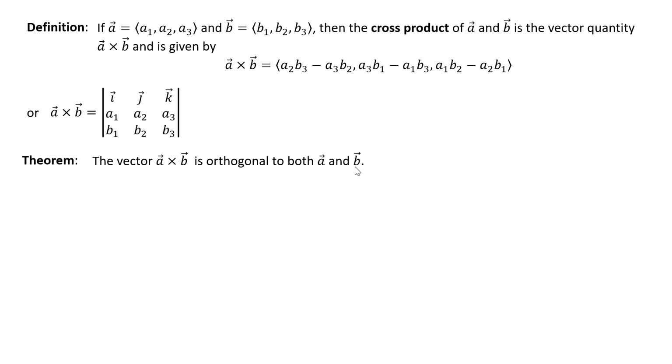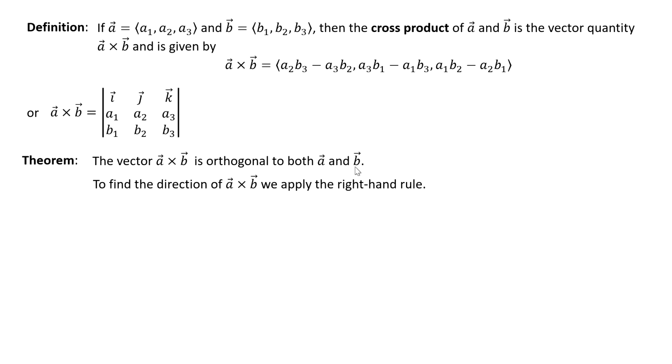And then you say, I'm going to figure out A cross B, and that's going to be your normal vector. See, that's how we actually make use of this concept that A cross B is orthogonal to both A and B. That's coming up, but I just wanted to give you a bit of a heads up on that one.